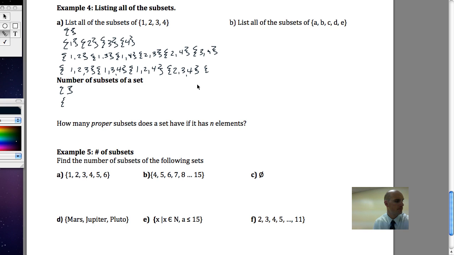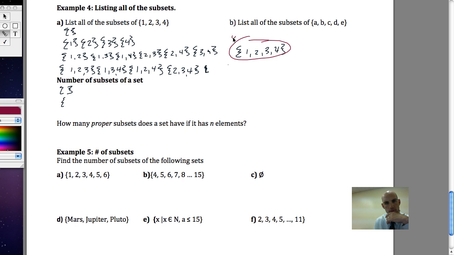And I think that's it. Let me think. 1, 2, 3, 1, 3, 4, 1, 2, 4, 2, 3, 4. Yep, that's it. Sets with 4 elements: 1, 2, 3, and 4. Only one.